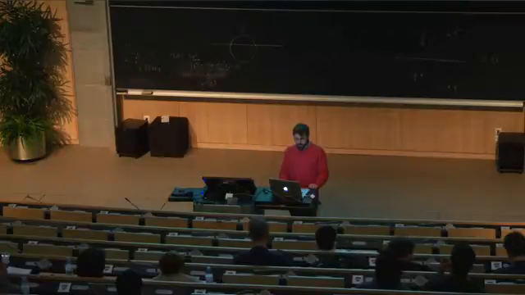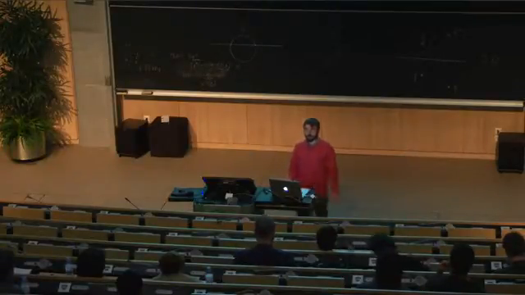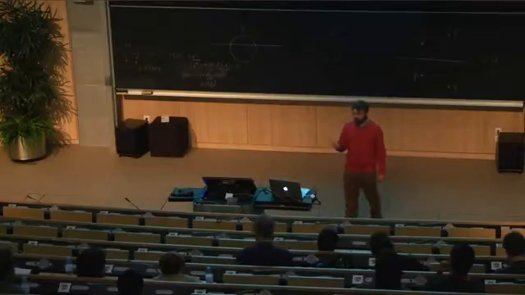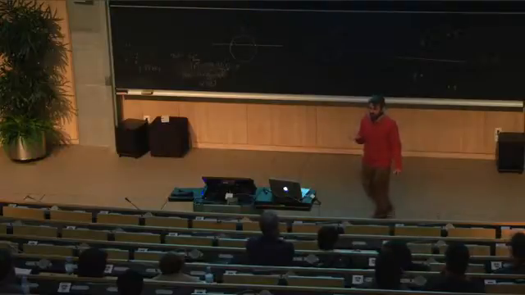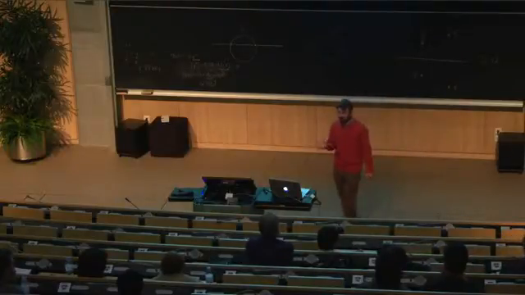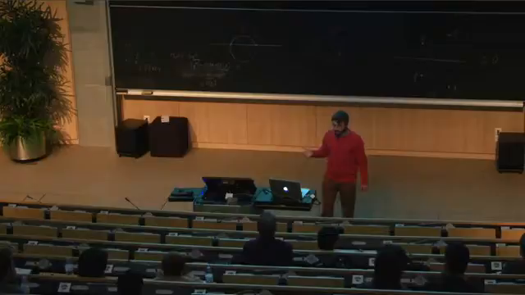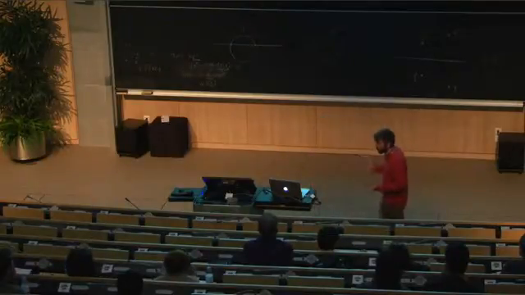And one philosophical problem that you have to face, even before you start looking at this system, is whether this system is mathematically well defined. Is it a convergent equation? There are infinitely many terms here, right?